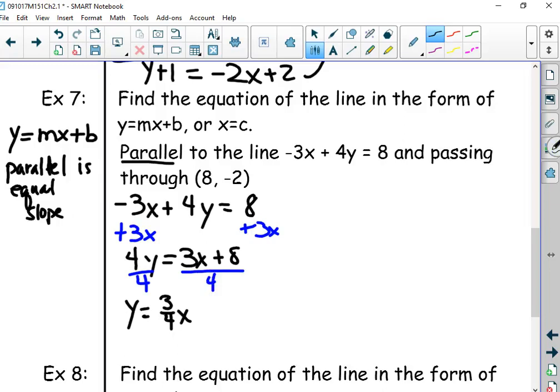I don't really care that my y-intercept is 2 because all I need is that slope. M equals 3/4, and my point is 8, -2. I just rewrote it so I could label it over here because I ran out of room on the left. I'm going to start with point slope.